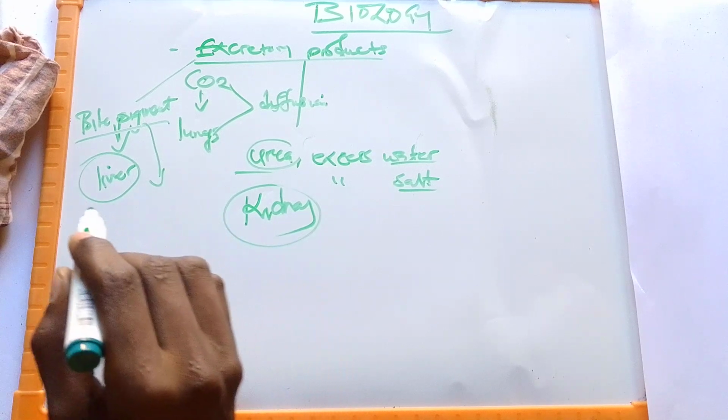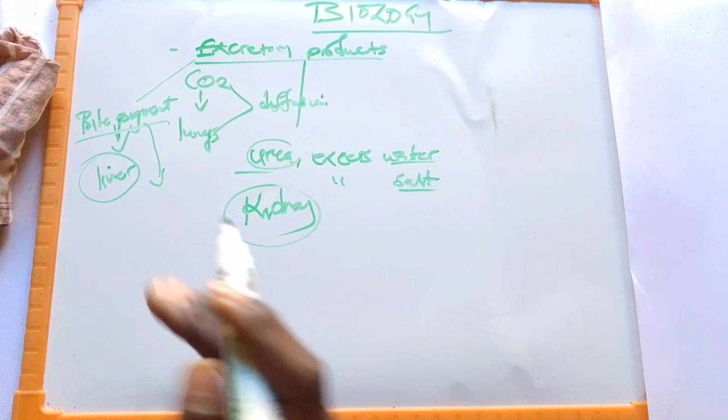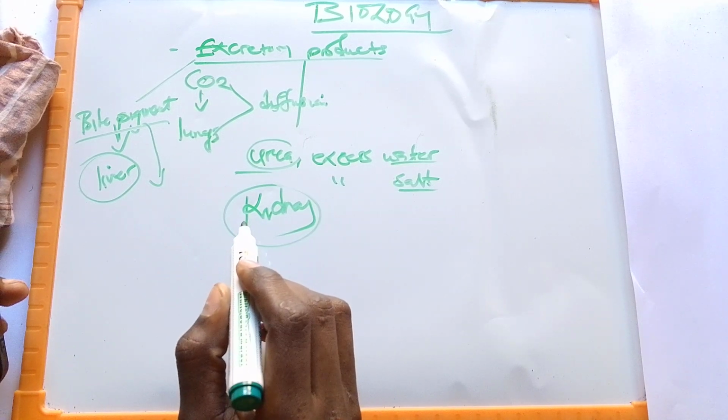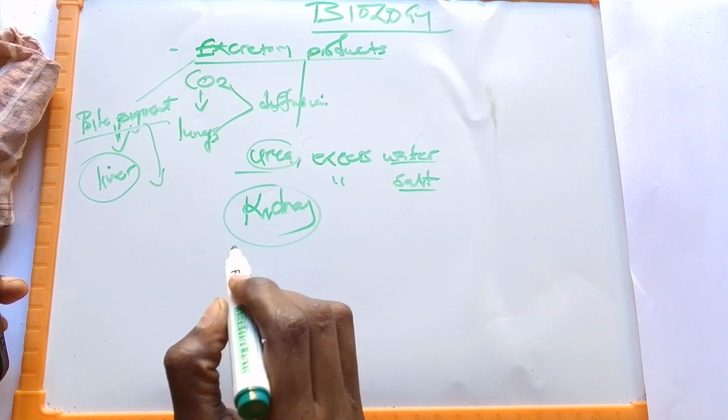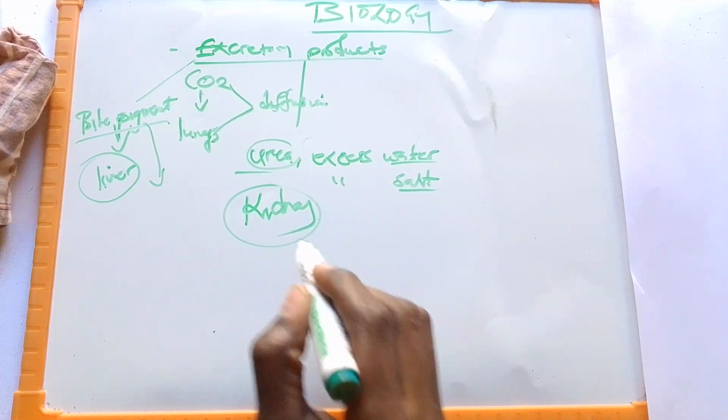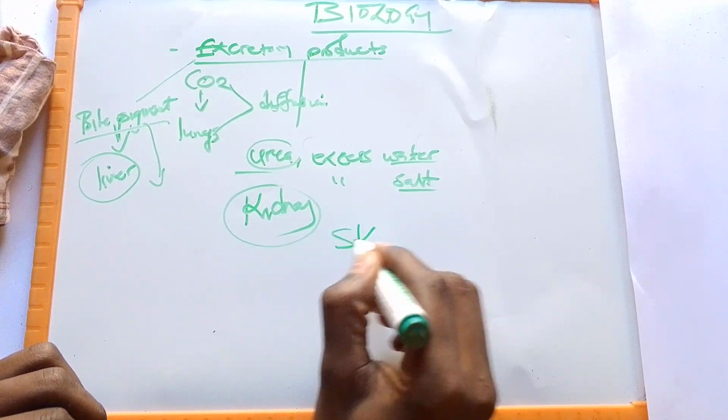Then the skin. The skin is also an organ which is responsible for removing urea, salt, and water.